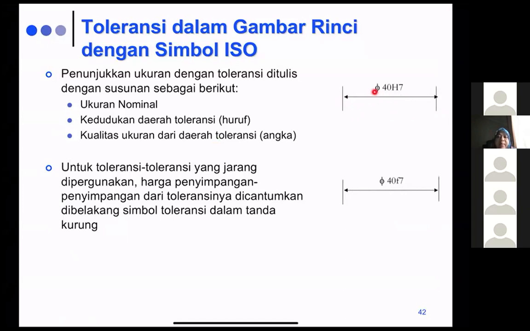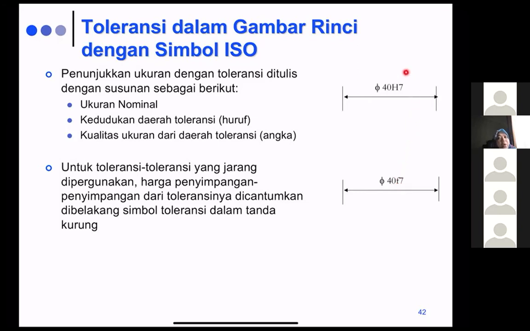That is called the diameter 40H7. That means the diameter is about 40 millimeters, with the tolerance H7. That is for the hole. If it looks like this, the diameter is 40 millimeters with small f7, so that would be for the shaft.